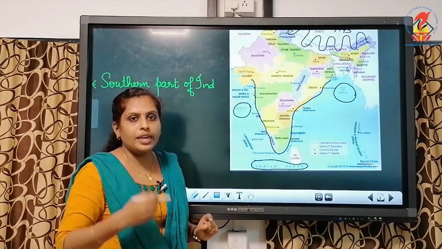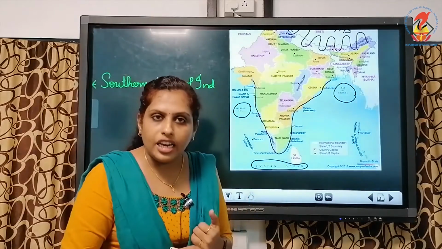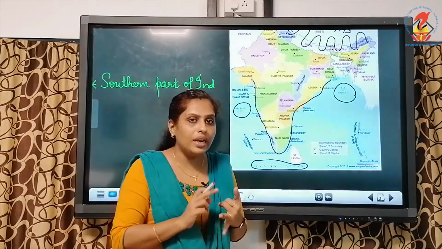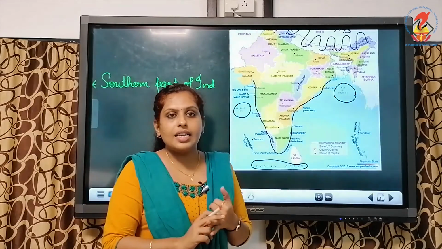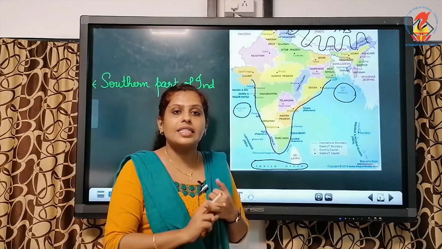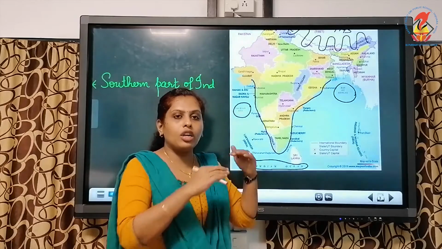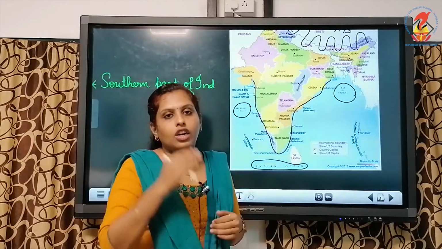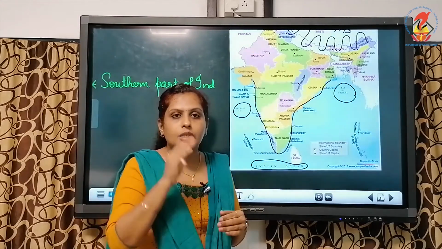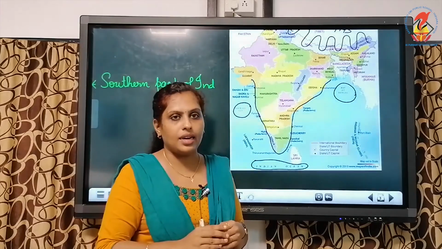So let's rewind the facts again. First we said that India is in the Asian continent. Then we learned that India is the 7th largest in area and 2nd largest in population. Then we learned about the northern part of India, which is protected by a mountain range named the Himalayas.